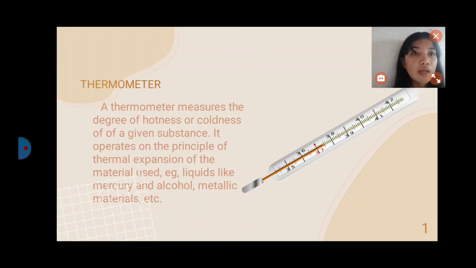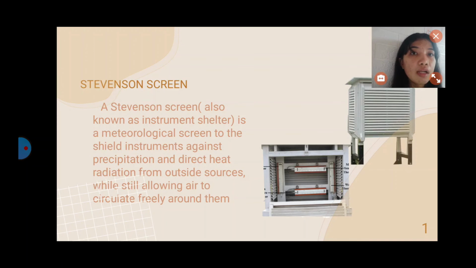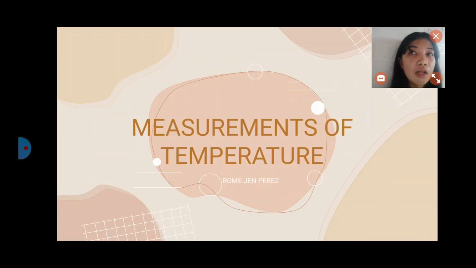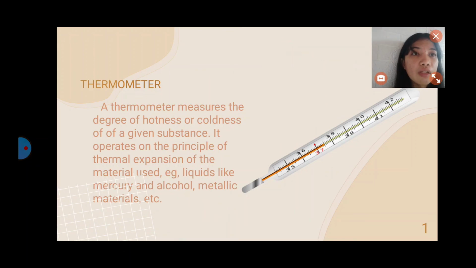It operates on the principle of thermal expansion of the materials used, like liquids such as mercury and alcohol, and metallic materials, and etc. We all know how to use a thermometer, especially from our previous lessons, especially in our chemistry laboratory.